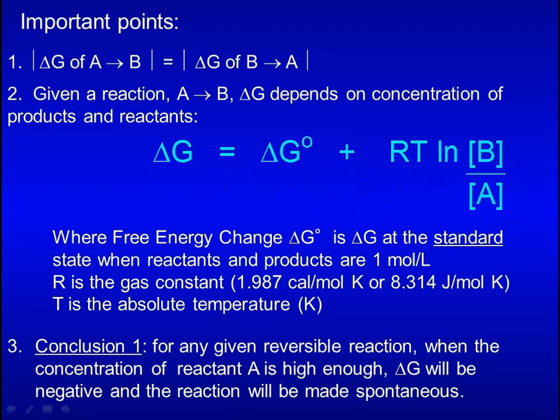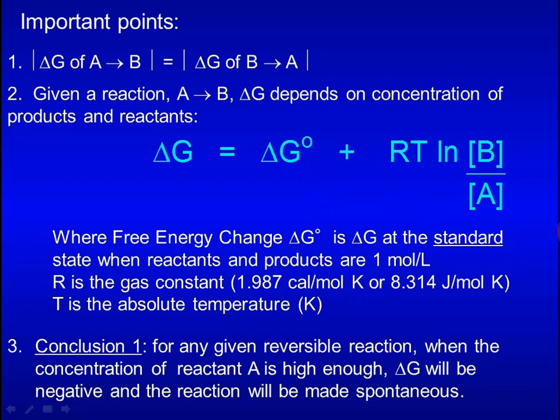Here, delta G0 is the delta G at standard state when reactants and products are at concentration of 1 molar per liter. R is a gas constant. T is absolute temperature. For a given reaction, delta G0 is a constant.